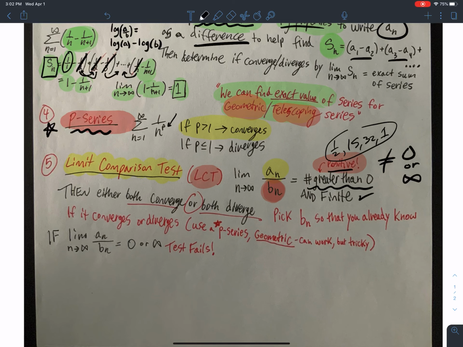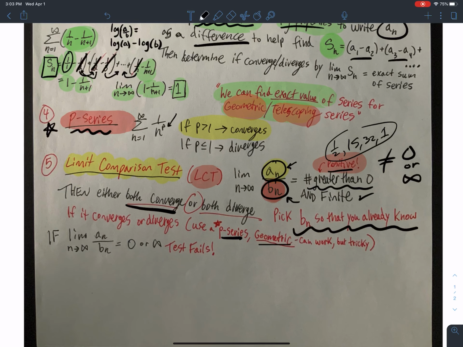If you get that, then either both a_n and b_n converge, or if you picked a b_n that diverges, that tells me a_n diverges. So you want to pick a b_n that you already know. Geometric and p-series can work, but sometimes it might be a little trickier.